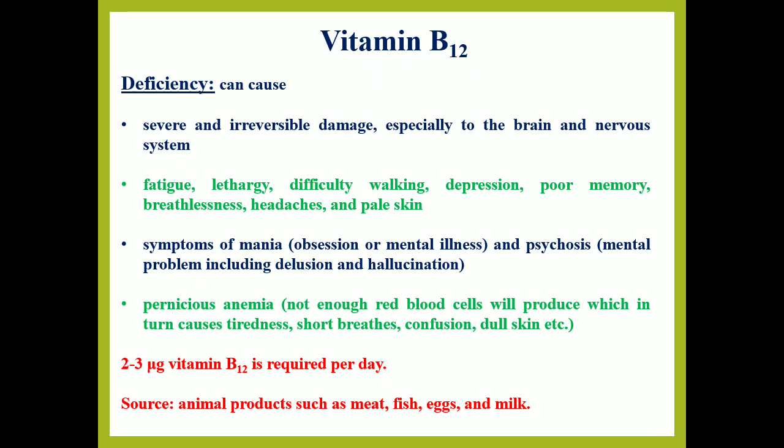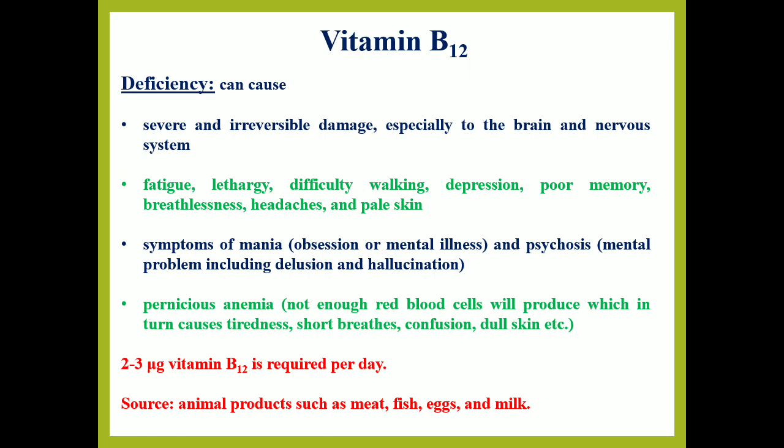Its deficiency can cause severe damage to our body, especially to the brain and nervous system. In its deficiency, the patient can suffer from mania or psychosis, which are mental disorders in which the patient cannot recognize what is real and what is fake. So delusions and hallucinations can occur.